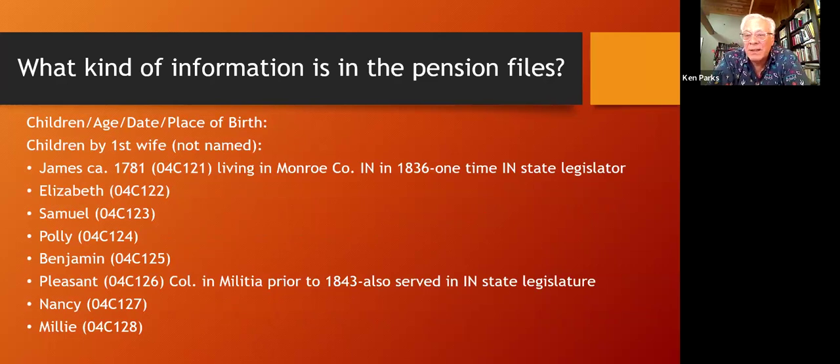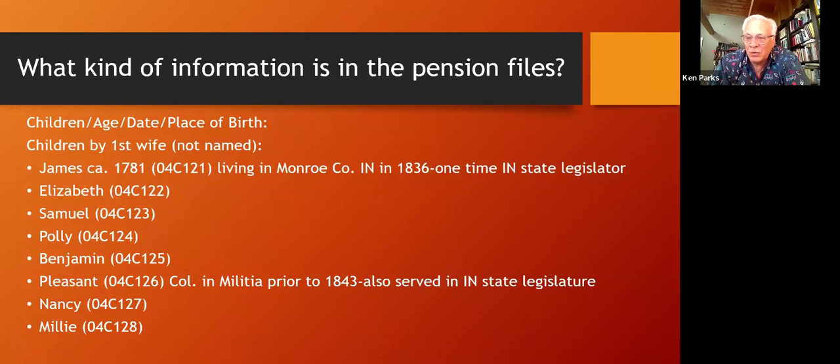In addition, it lists their children, and it's very helpful, although we have this information in our database, but if we didn't, it would be extremely helpful in our research that these children are by a first wife who is not named in the pension file, but we have that information in our records. And other information, incidental, James 4C 121, a one-time Indiana state legislator, and looking on down there, there's a son Pleasant, who also served in the Indiana state legislature.